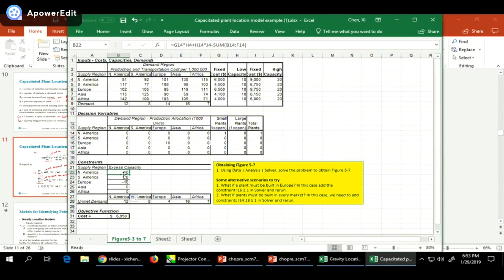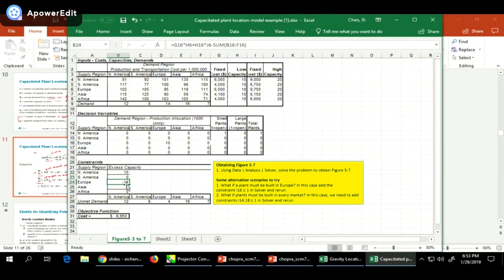So, for example, you can see here, because we opened one small plant in North America, the capacity in North America is 10, but we don't actually produce anything here. So according to this solution, we have 10 excess capacity.